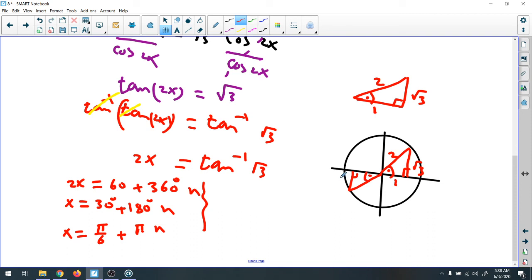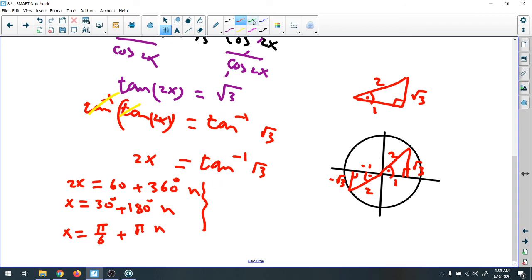This is the opposite square root of 3. Adjacent is 1, will be negative 1, and this is negative square root of 3. You have to know everything here. And this is 2. This is negative, this is negative. We do care about this angle, that it will be 180 plus 60.